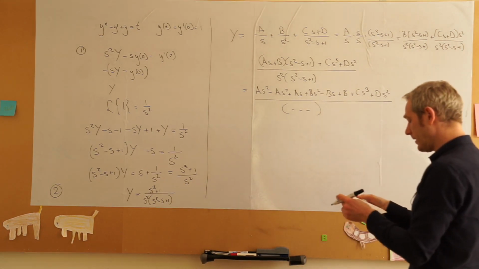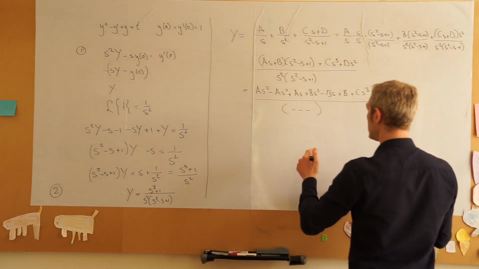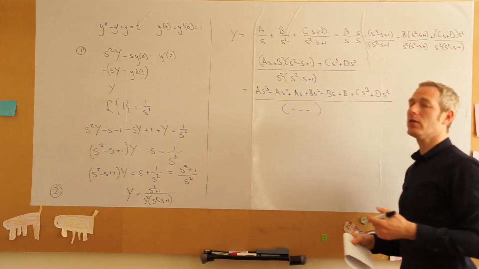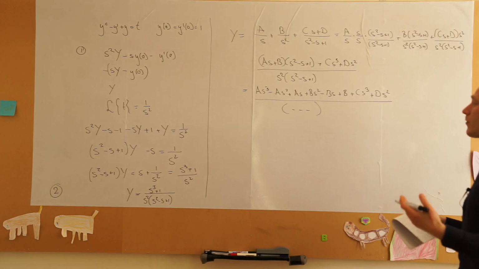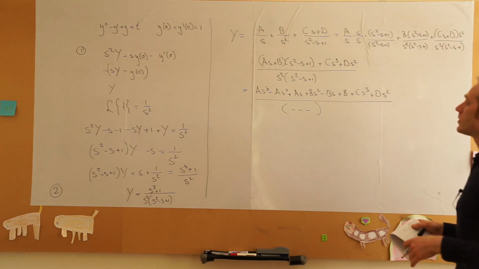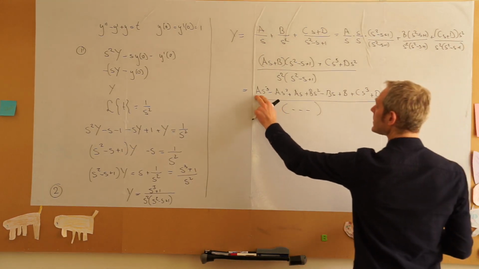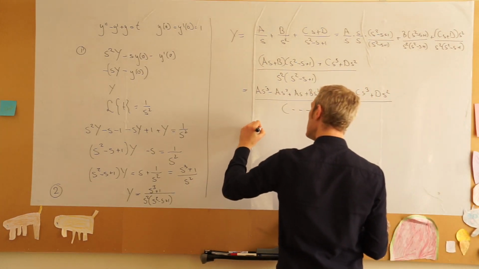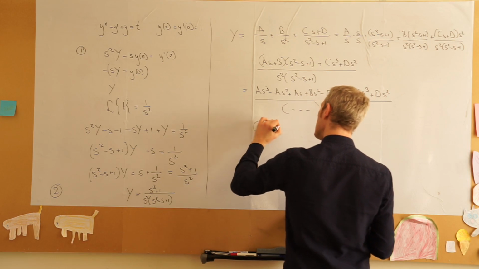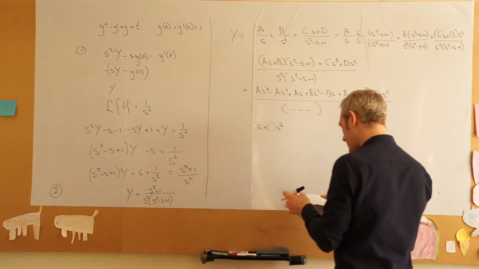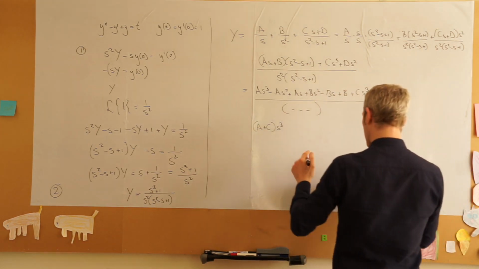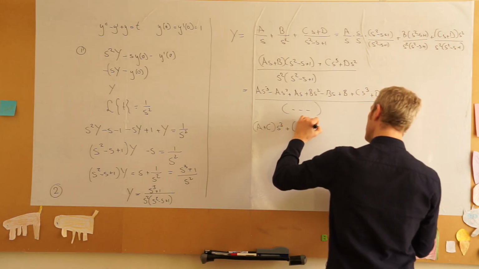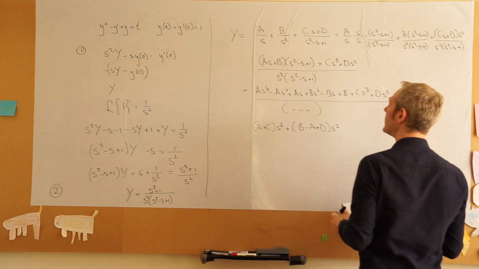So what we get is, we take all the powers of 3, 2, 1 and the constants together. Here we have As to the power of 3 and we have Cs to the power of 3. So that is A plus C times s to the power of 3, plus B minus A plus D times s squared.